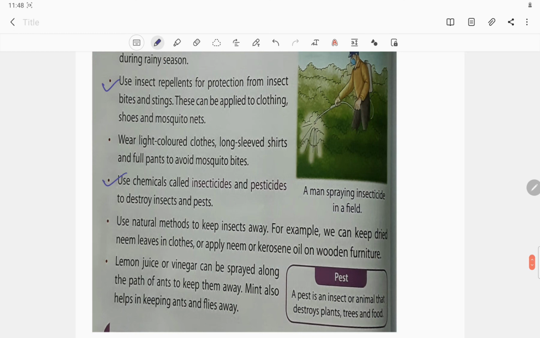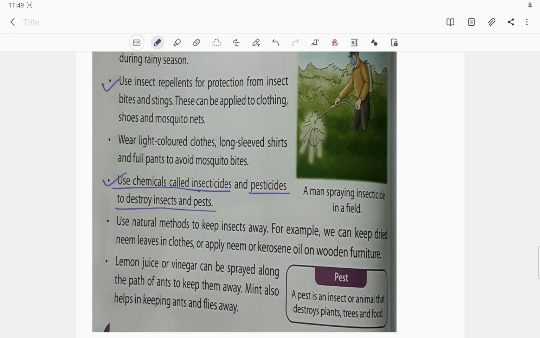Use chemicals called insecticides and pesticides to destroy insects and pests. Pesticides are chemicals we use to destroy germs, fungus, bacteria, and diseases of the plants.